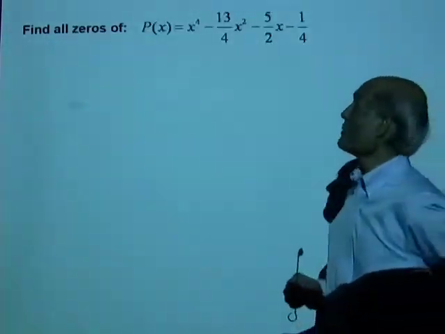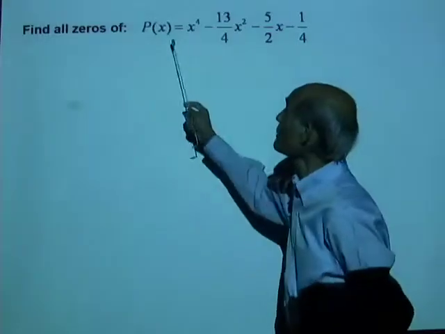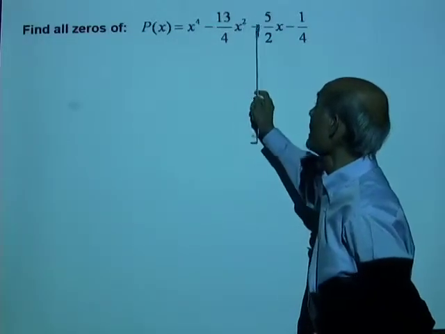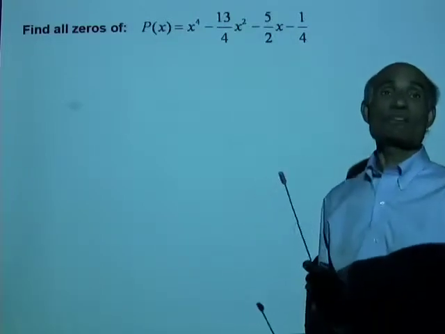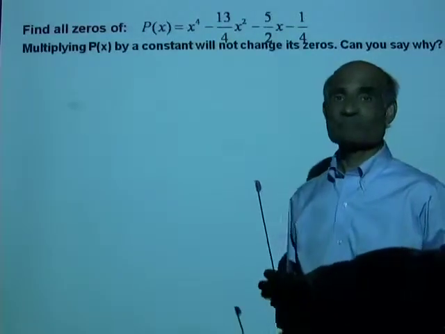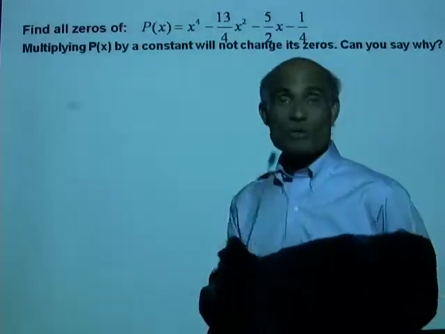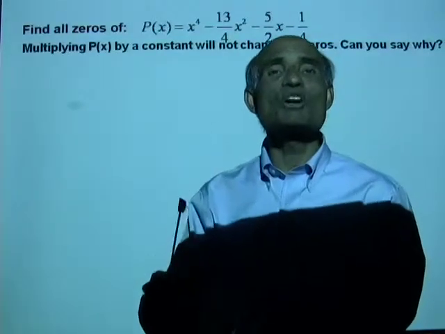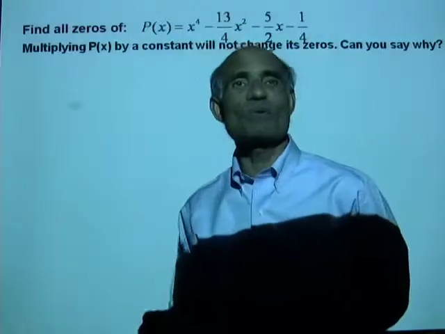Okay, another one. Find all zeros of x to the power 4 minus 13 over 4 x squared minus 5 over 2 x minus 1/4. Now remember, I told you earlier, multiplying a polynomial by a constant number will not change the zeros of the polynomial.